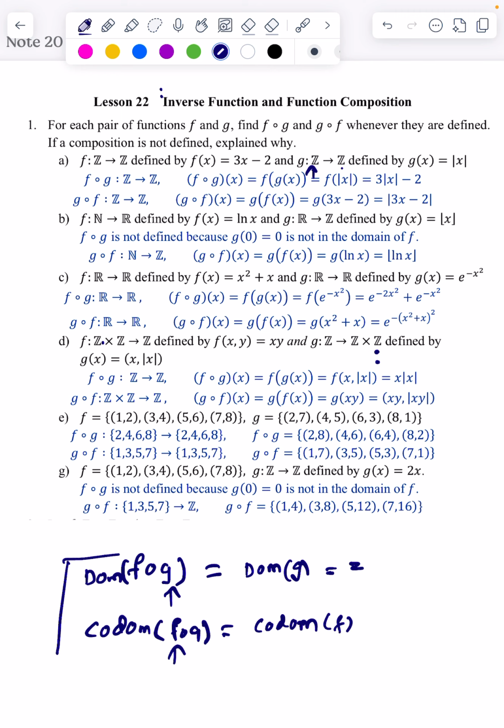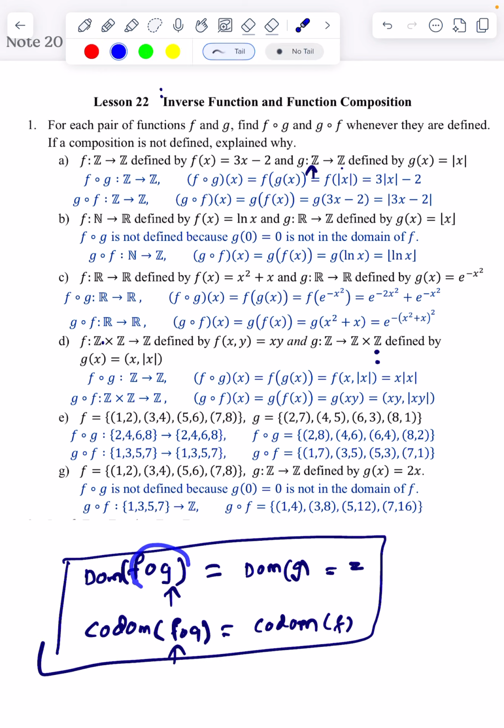You can remember this in this way, which is valid for all composite functions. Whatever the functions, two or three, the first function always gives the codomain of the total composite function, and the last function always gives the domain of the total composite function.